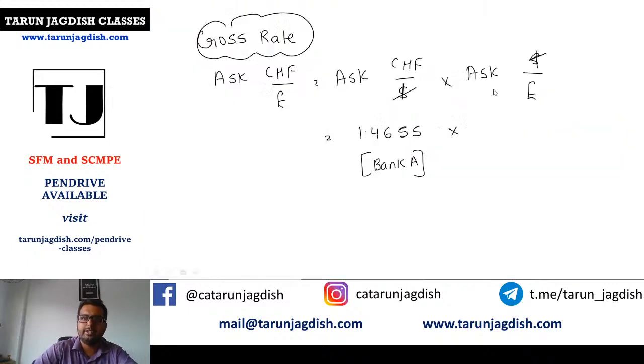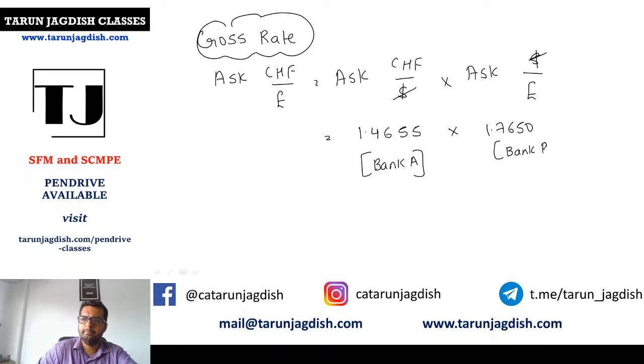So bank B is cheaper over here. So I will take 1.7650, that is bank B. So the cross rate what I will get over here will be 2.5866 CHF bar sterling. Am I right?